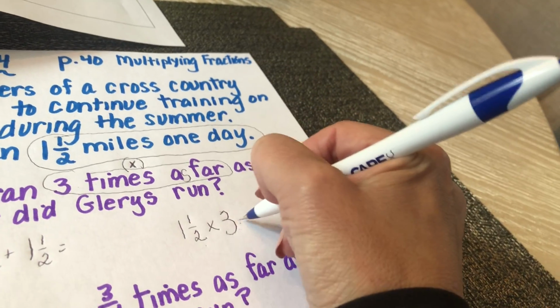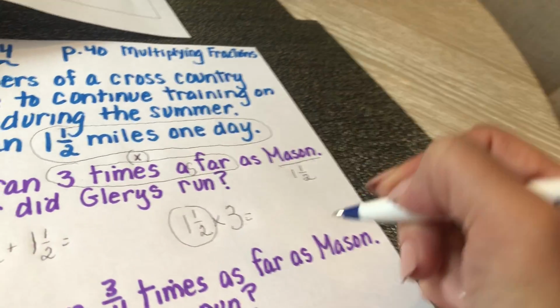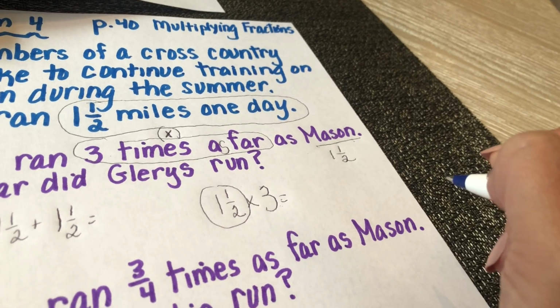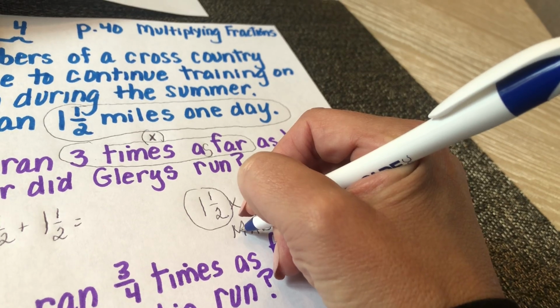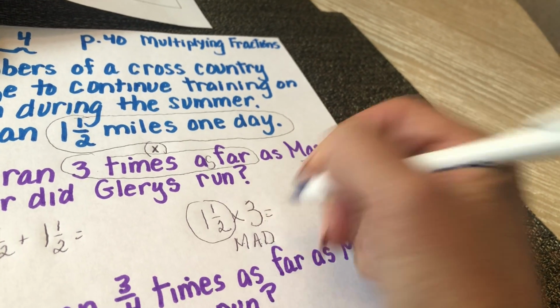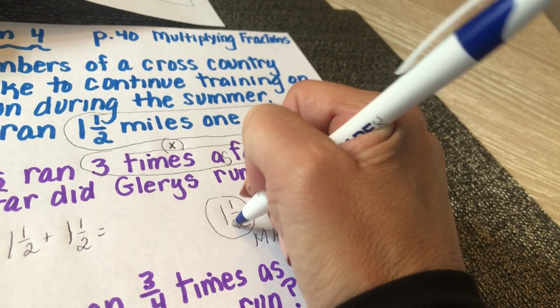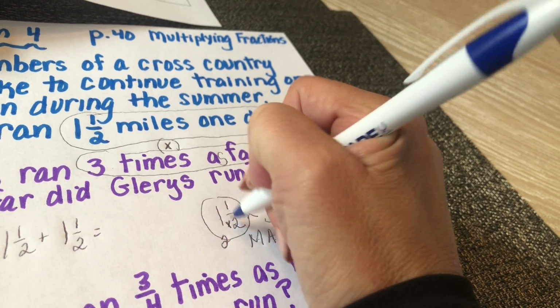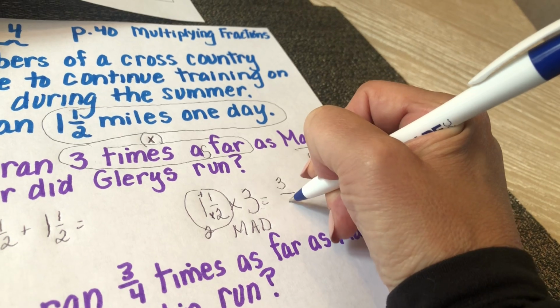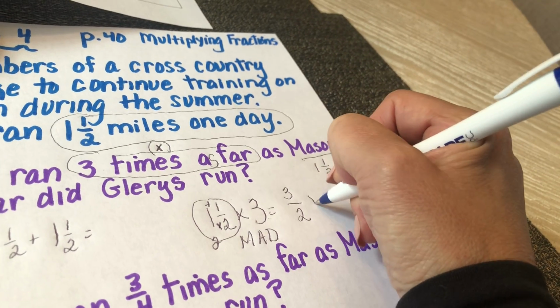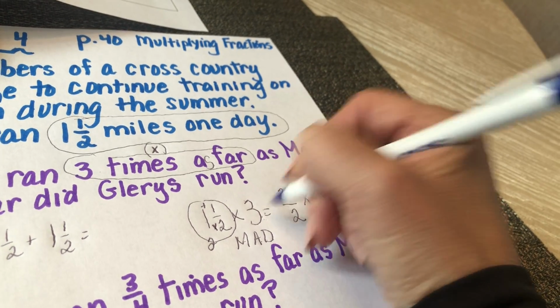If we're going to do it this way, we need to change this mixed number into an improper fraction. We remember MAD: multiply, then add, and then divide. So 2 times 1 is 2, plus 1 is 3. So we have 3 divided by 2 multiplied by a whole number of 3.